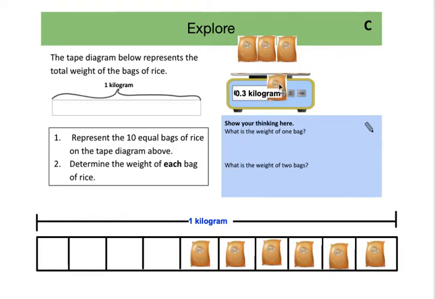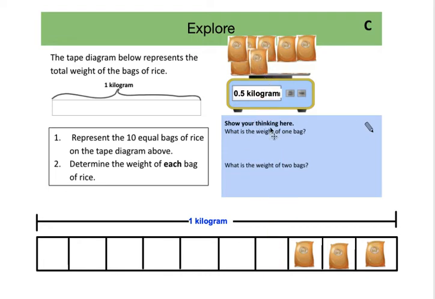How about if we go ahead and put 5 bags? How much would that be? Half a kilogram. How about if we went ahead and put 9? 9/10 of a kilogram. And if we put that 10th one on there, we get a whole kilogram.